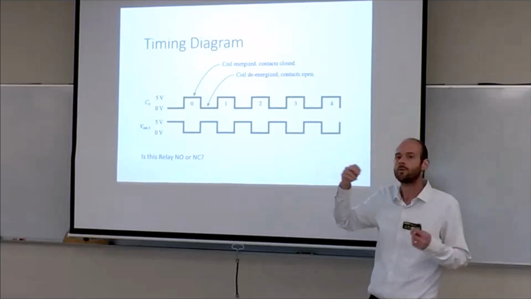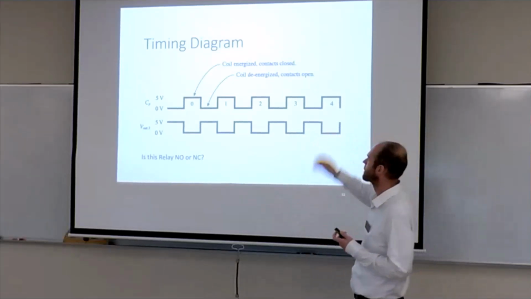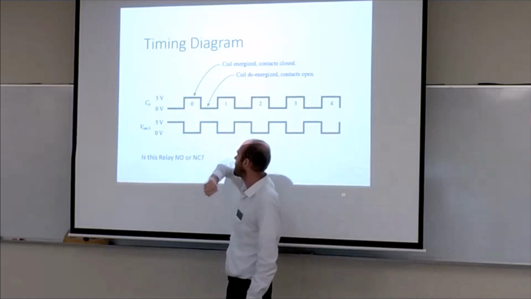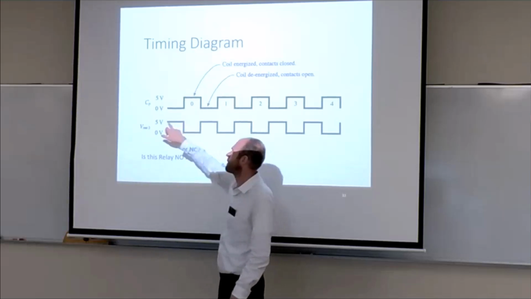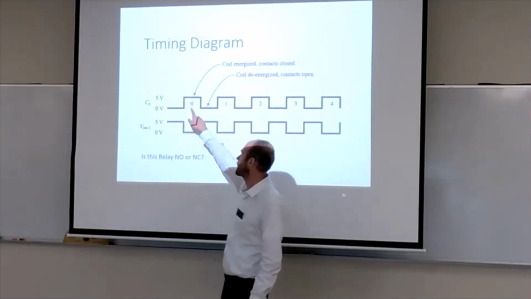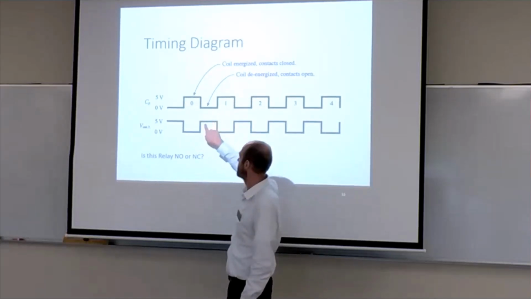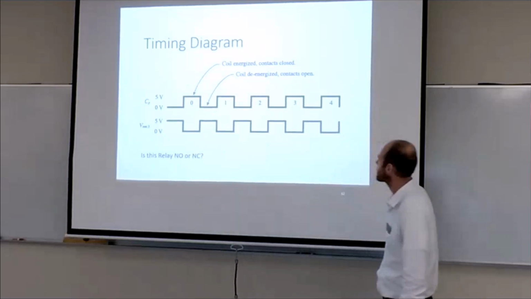Okay, and so relays can produce ones and zeros. Here's a timing diagram. This clock signal is being used to drive a relay. This relay output is 5 volts, meaning that the connection is made. Then when that clock signal is hit, the connection is broken. So the connection is made again with no clock signal, and then broken again when there is.